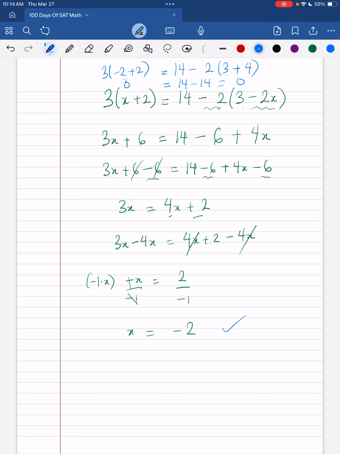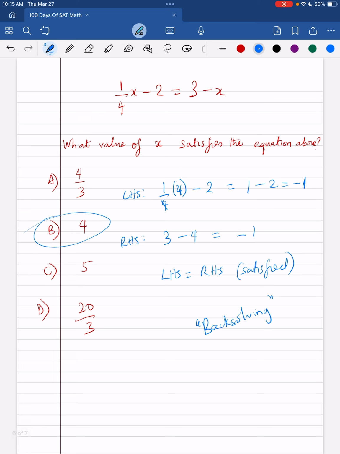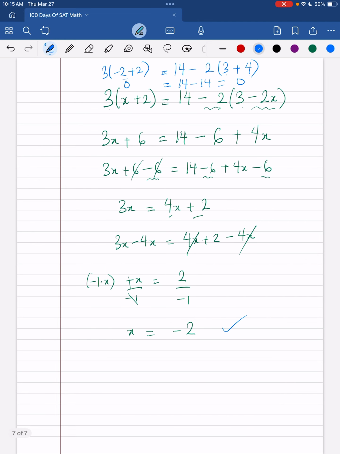And we also learned about back solving, the technique you can use for quickly solving a linear equation on the SAT when you have options. These were the strategies we looked at here. Then finally, we closed with a linear equation where we use the distributive property, we combine like terms, and we also isolate a variable to get the value of x for this linear equation.